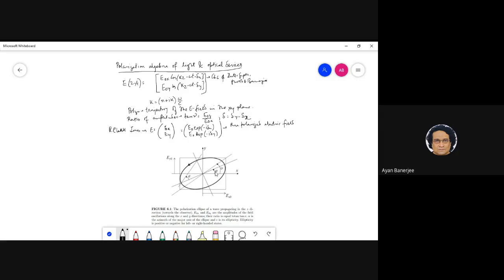The ratio EY0 by EX0 is given by tan nu. Importantly, alpha is the azimuth angle, which is how the major axis is rotated with respect to x. Another very crucial thing is epsilon, the eccentricity of the ellipse, which is crucial in determining the handedness of this ellipse.